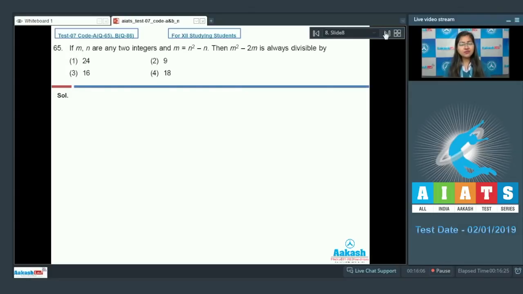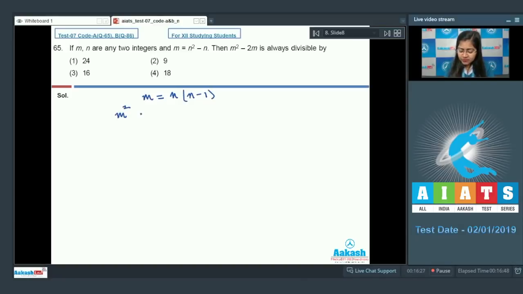Next is question number 65, which says that if m, n are any two integers and m is equal to n square minus n, then m square minus 2m is always divisible by. Now here we can see that m is equal to, taking n common, we can write n into n minus 1, right?